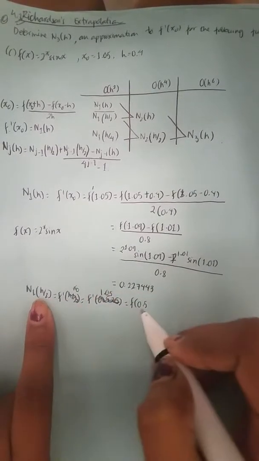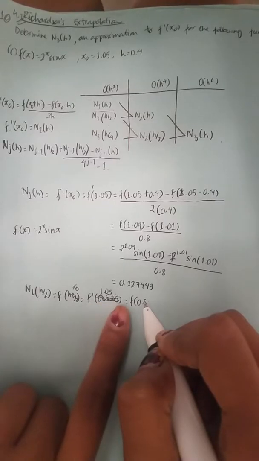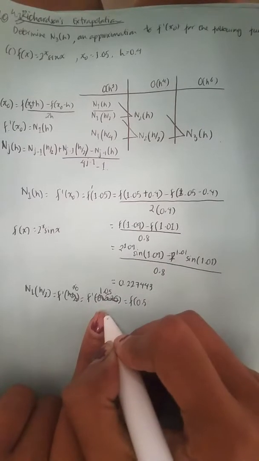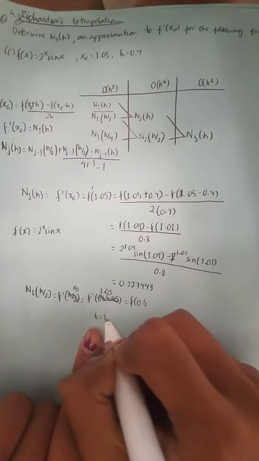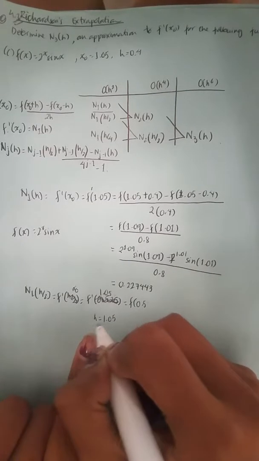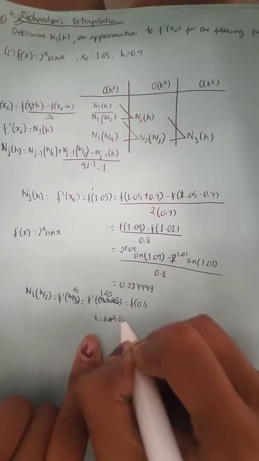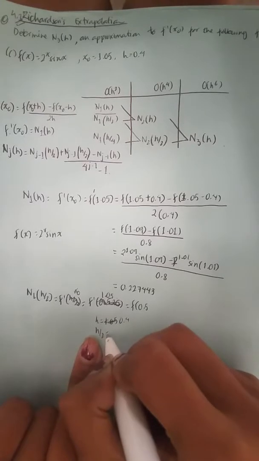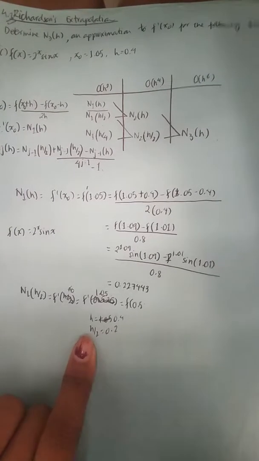Instead of h, we're doing h over 2. Our h is 0.4, so our h over 2 is 0.2, right?